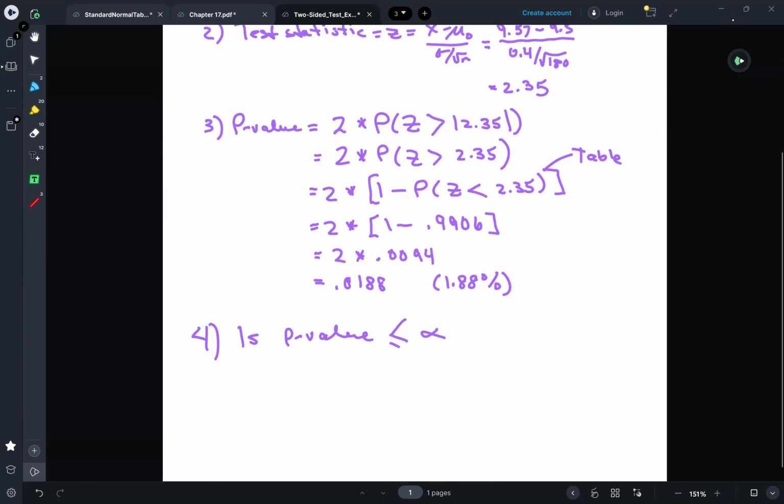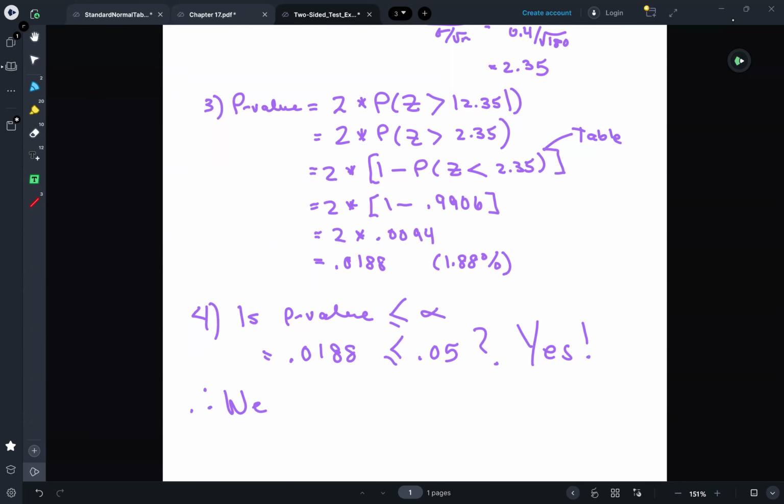That's the standard for these tests. So we'll go, 0.0188 less than 0.05. Right? Is the p-value, which is 0.0188, less than 0.05? Is it less than 5%? The answer is yes.